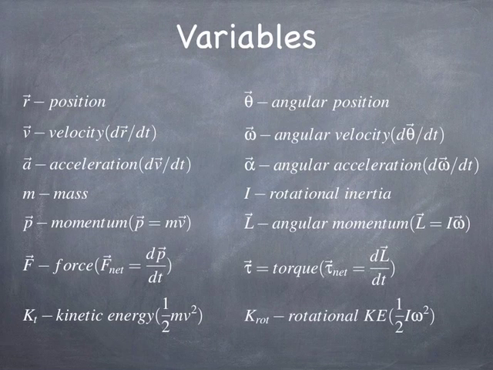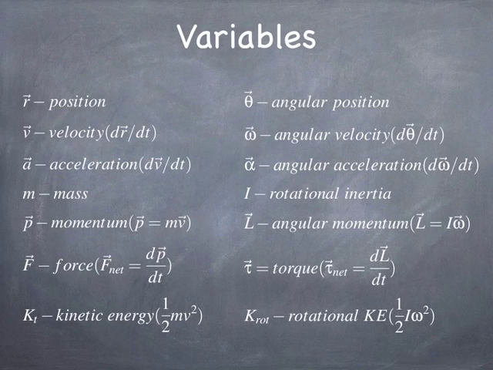And finally, there's the rotational kinetic energy, 1/2 I omega squared. What I want to point out here is that without even knowing what all these goofy letters mean, we can already see a pattern in the relationships between them. So if you know a relationship that exists between the translational quantities, position, velocity, acceleration, momentum, force, kinetic energy, you already know the relationship that exists between the rotational quantities, because it's simply a question of substituting the right letters and putting them into the relationship.